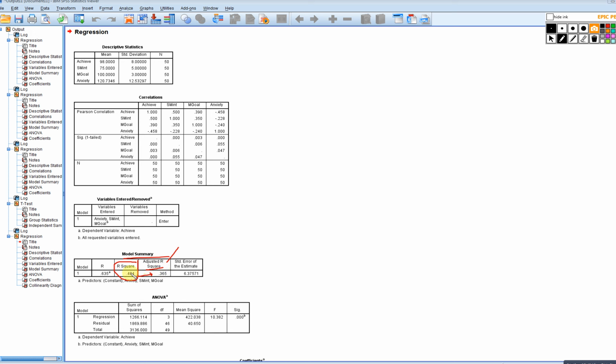So it serves as a calibrated R-square to make it less biased as an estimate of the population R-square. The significance test itself is a test of R-square, but the adjusted R-square is a descriptive index designed to calibrate that R-square to make it less biased.